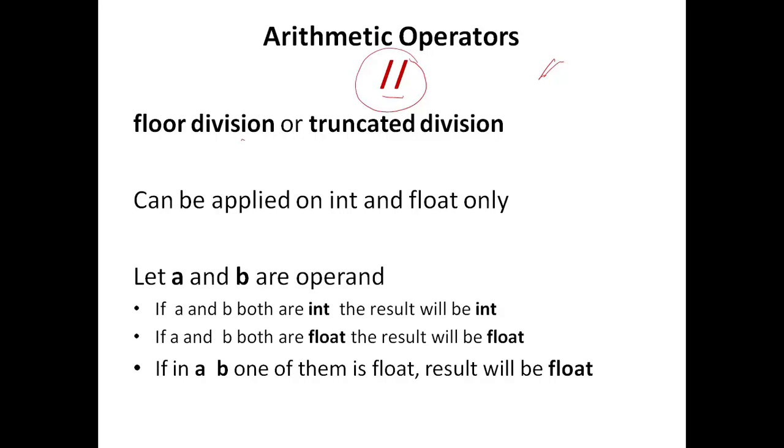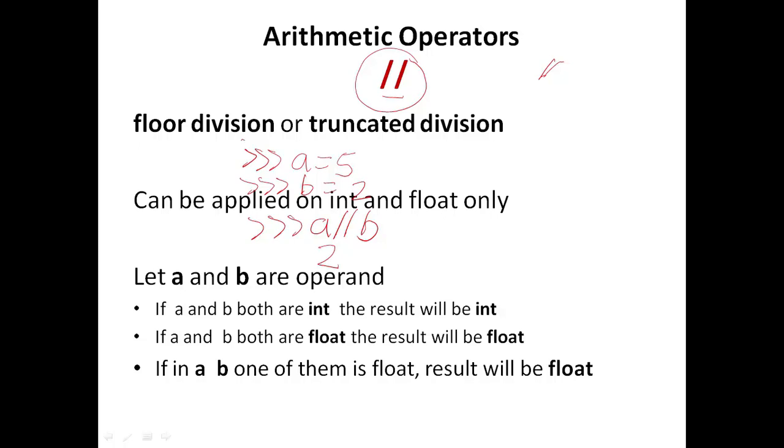So let's have an example of this truncative division operator. Let we have a value a equals to 5 and let we have a value b equals to 2. Both are of integer type and we apply truncative division operator between them. The answer will be 2. So it has truncated the decimal part as both are of integer type.